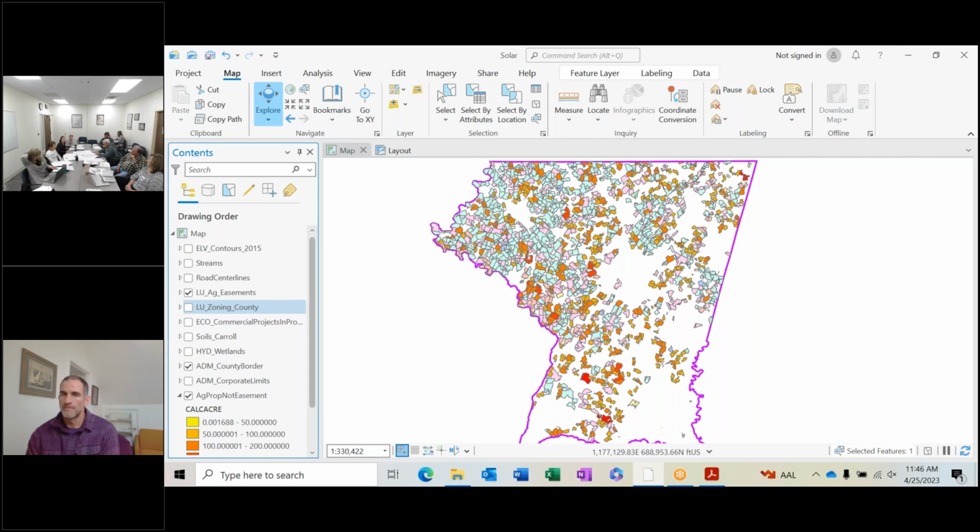Before, the 5 acre was actually what was written in as the minimum. I understand the difficulty with that from a lot of perspectives, but 50 acres is a big piece of property. So from a landowner and developer standpoint, that could be challenging. I can see that too.